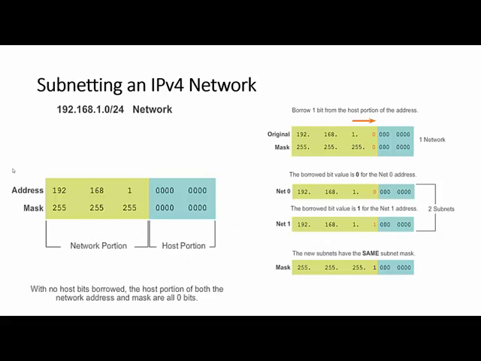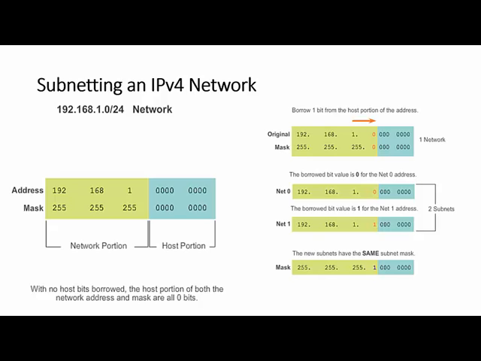IPv4 subnets are created by using one or more of the host bits as network bits. This is done by extending the mask to borrow some of the bits from the host portion of the address to create additional network bits. The more host bits borrowed, the more subnets can be defined.